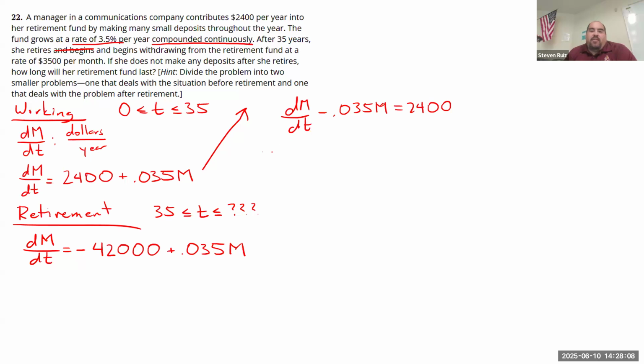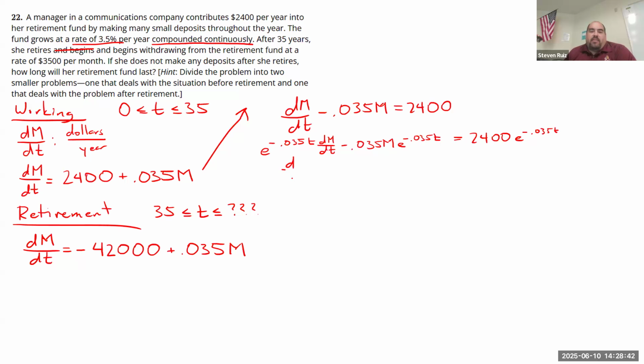So that'll be e to the negative 0.035 t. Multiplying through: e to the negative 0.035 t times dM/dt minus 0.035 M times e to the negative 0.035 t equals 2400 e to the negative 0.035 t.